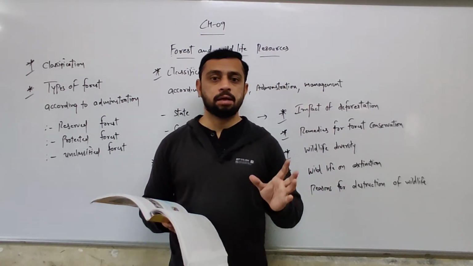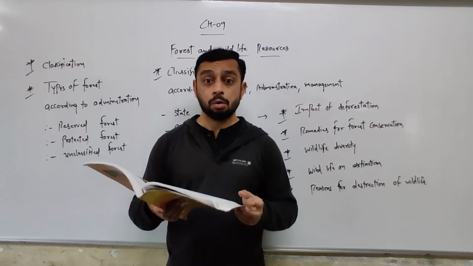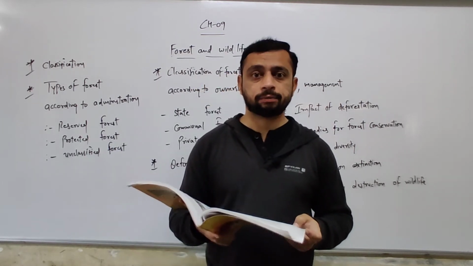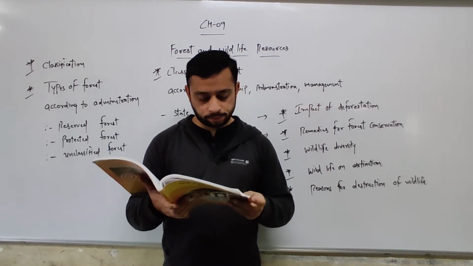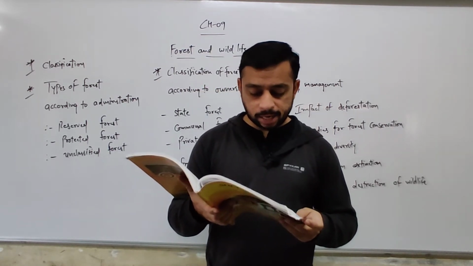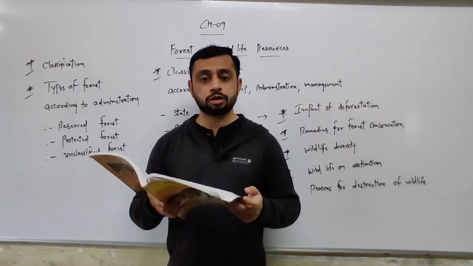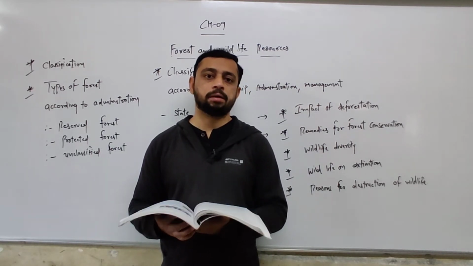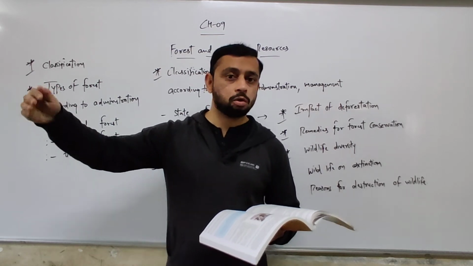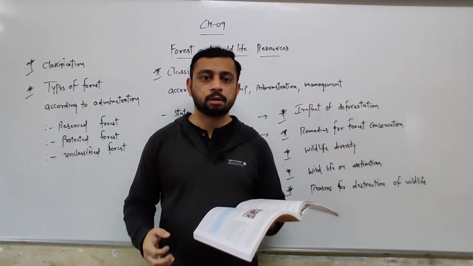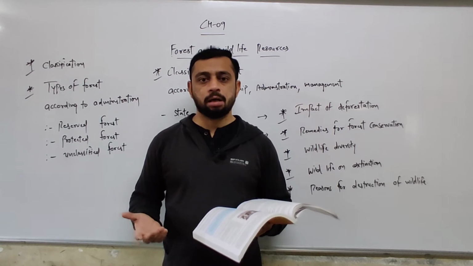India is the only country in the whole world where tiger and lion, the two most dangerous animals, are seen moving in their natural habitat. Natural habitat means their house, their home. What is the home of lion and tiger? Forest, right?